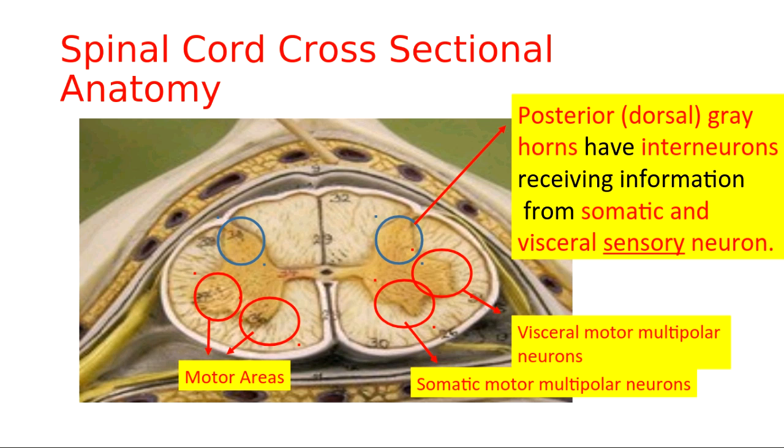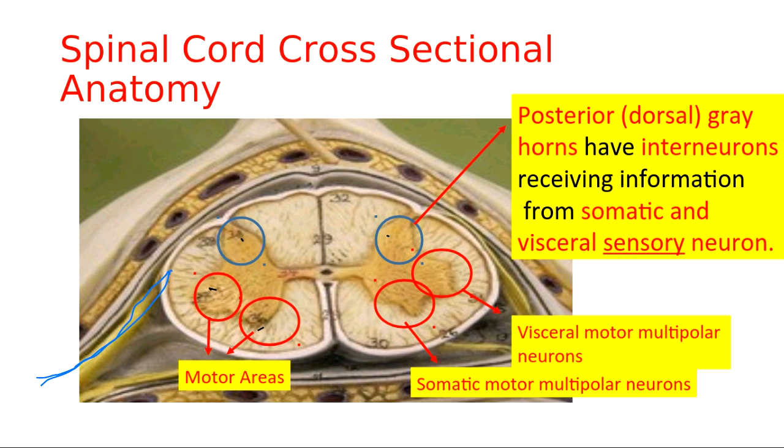The spinal cord and all of the central nervous system is highly organized, so that the posterior area is going to be sensory. The lateral and anterior areas are going to be motor. So sensory information is going to come into the spinal cord via the posterior roots.